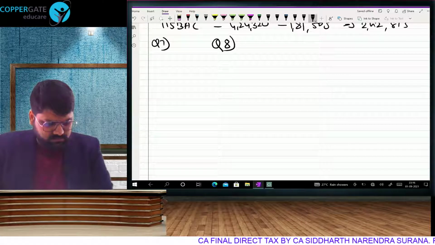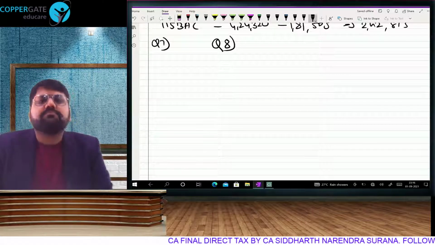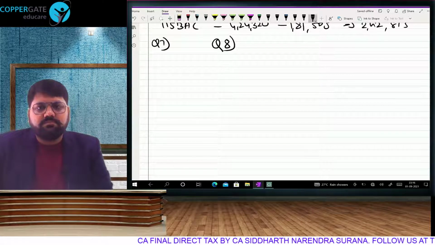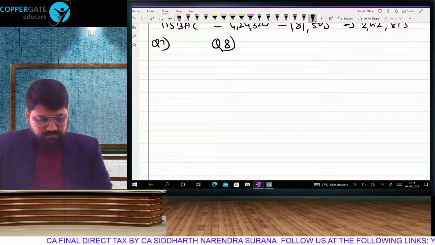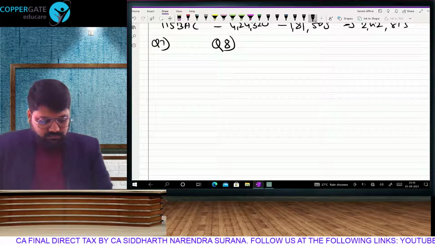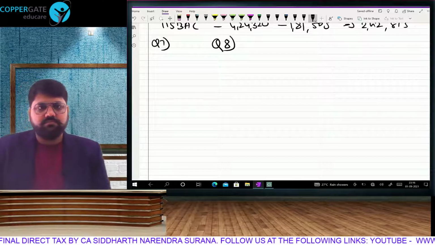Question number 8. Cosmos Limited, a company incorporated in Mauritius, has a branch in Hyderabad opened in April 2021. The Indian branch has filed the return of income for the fiscal year 2022-23, disclosing the income of 50 lakhs.